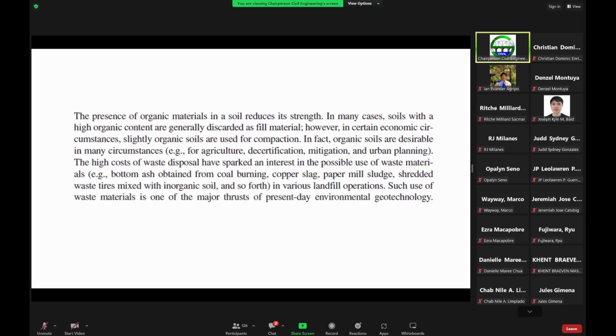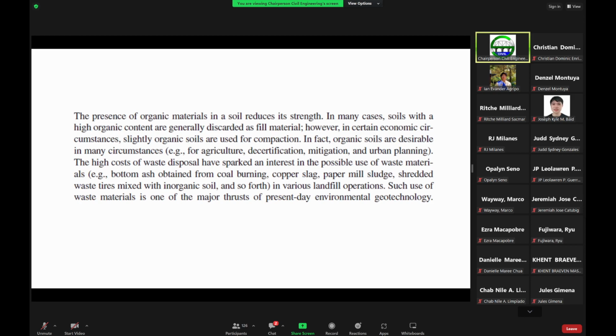Now, in doing compaction, we also have a concern with respect to the presence of organic materials in the soil. I think we have already classified them last meeting.